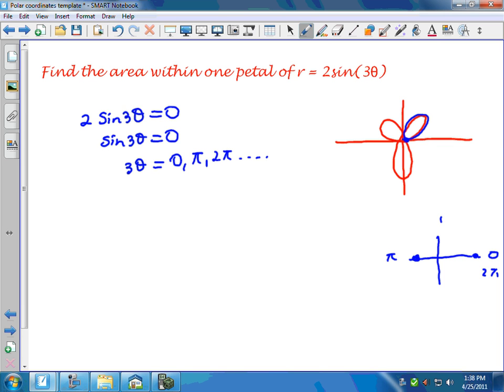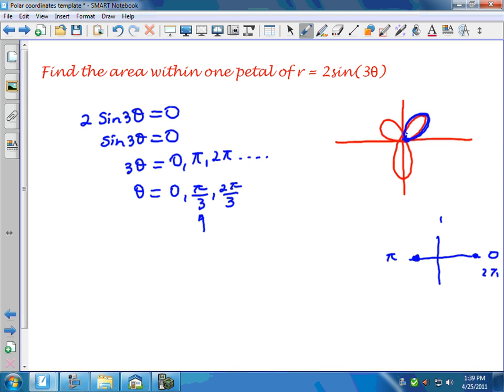I don't really have to list all of them. But then what does it tell you about theta? Divide both sides by 3. What do you get? 0 over 3 is 0, pi over 3, 2 pi over 3, and so forth. So what we're saying is, it's going to start at 0, and the first time it hits 0 again is at an angle of pi over 3.